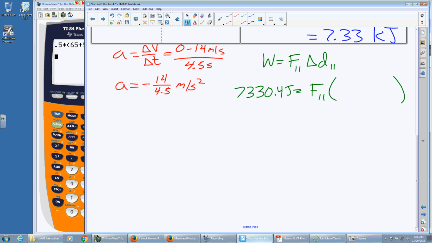Then I can use d equals d naught plus v initial t plus 1/2 a t squared. Actually, yeah, that works. And I'm going to say we started at 0. When we start moving, we're moving at 14 meters per second.